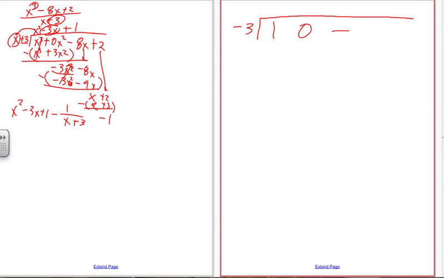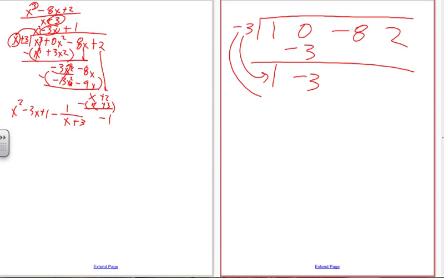Minus 8 and 2. Bring this number down. Negative 3 times 1. Add them. Then negative 3 times negative 3 gives me a 9. Add them. I get a 1. Negative 3 times 1 gives me negative 3, which is a negative 1.